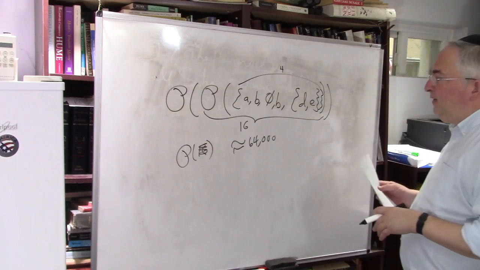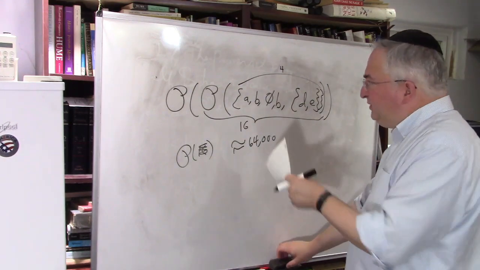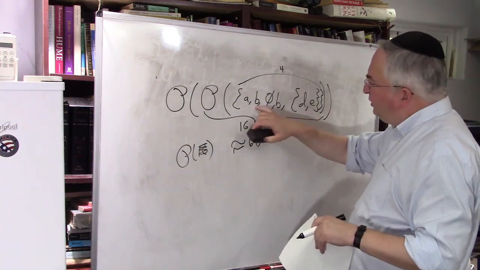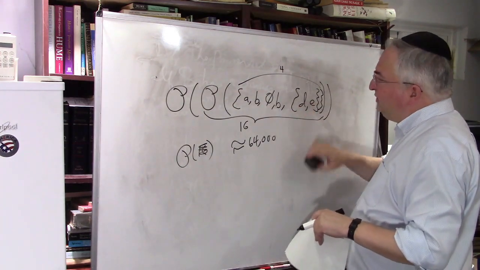Okay? So again, that's a big set, but the point is how this works. Repetition doesn't count, and this set is considered one thing.